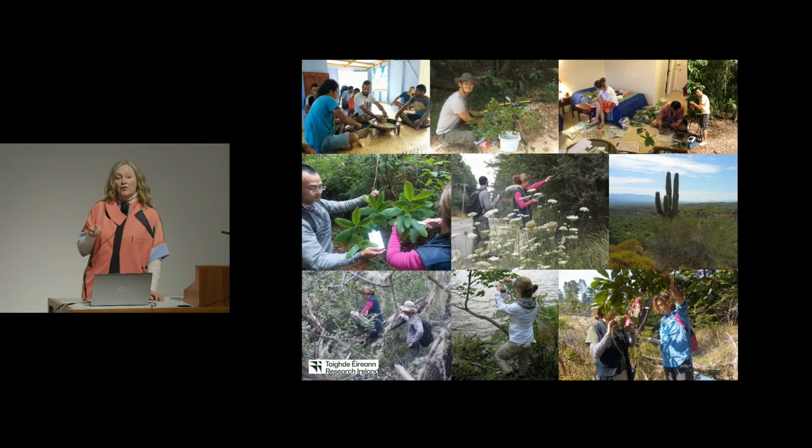We've done a lot of research in different biomes in the world, so going to forests all over the world, from Fiji to Alaska to Arizona. Wonderful fieldwork where we brought lots of undergraduate volunteers with us who absolutely loved the experience.